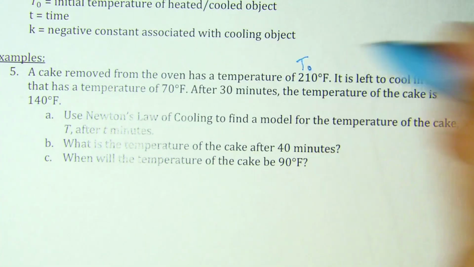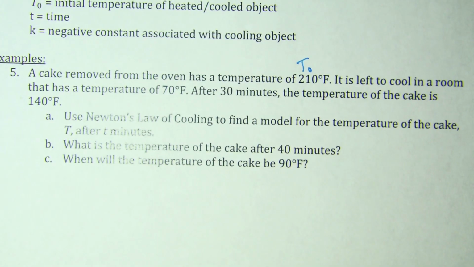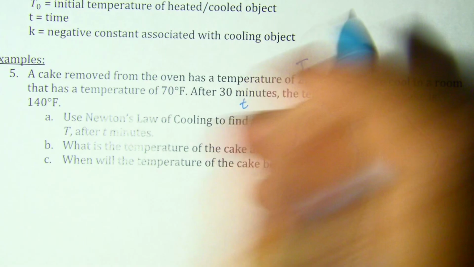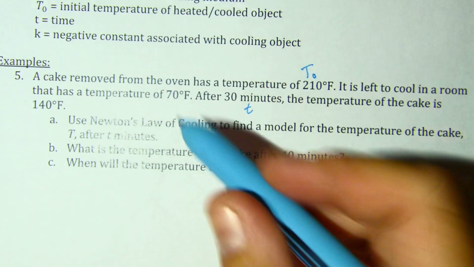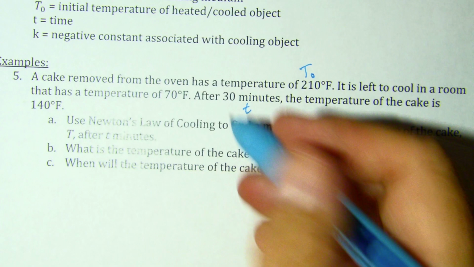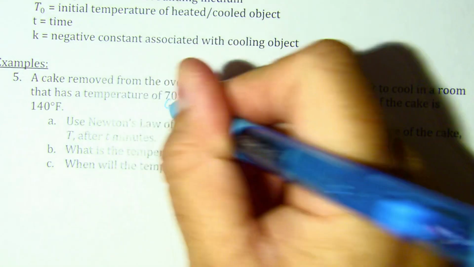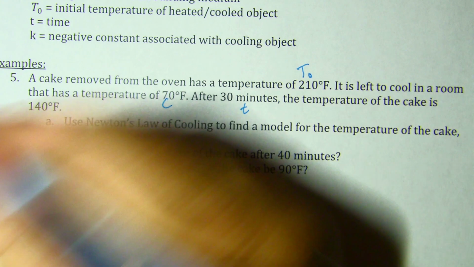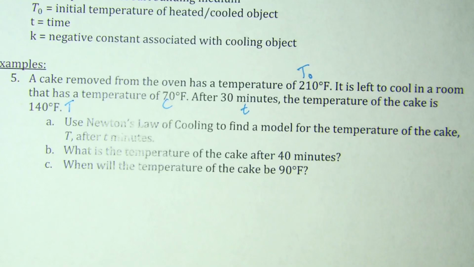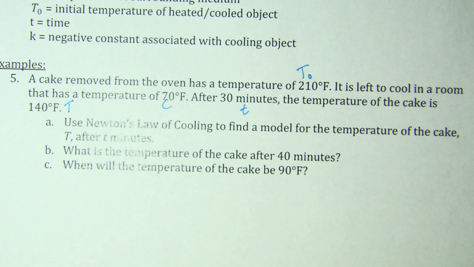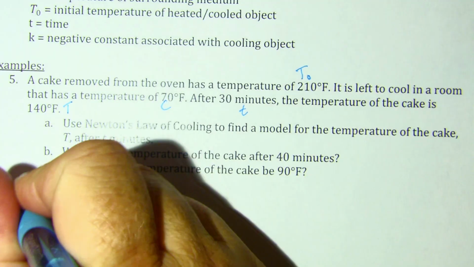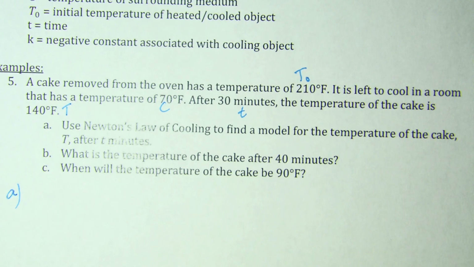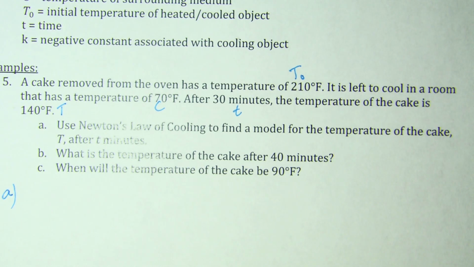That's the initial temperature of the cake. 30 minutes would be our little t, the amount of time. 70 degrees is the temperature of the room, the surrounding medium, so that would be C. And then after 30 minutes, the temperature of the cake is 140. That would be T, big T, the temperature after a certain period of time. So part A says, use Newton's law of cooling to find a model for the temperature of the cake, big T, after little t minutes.